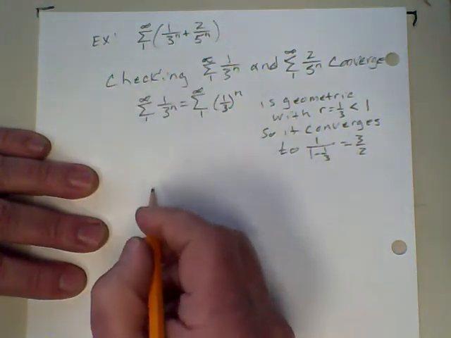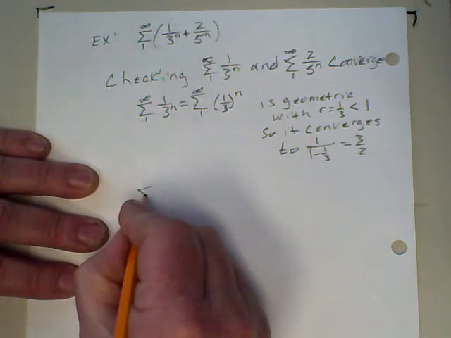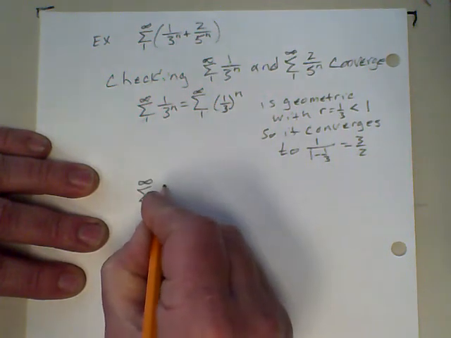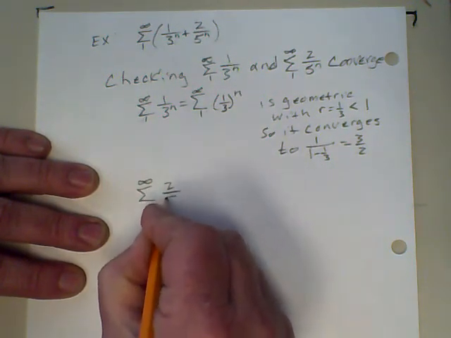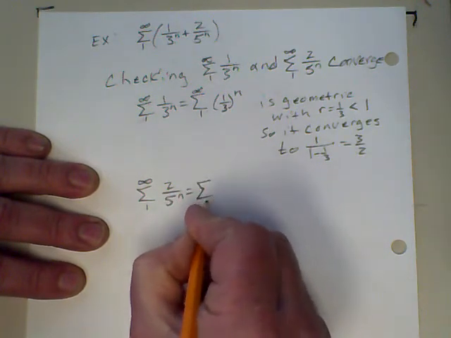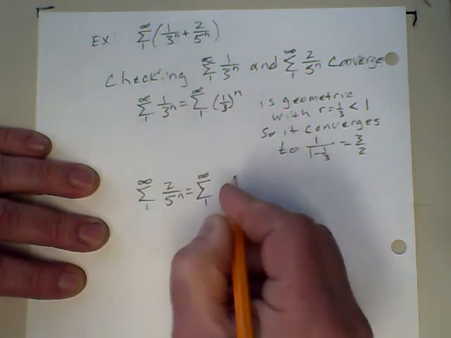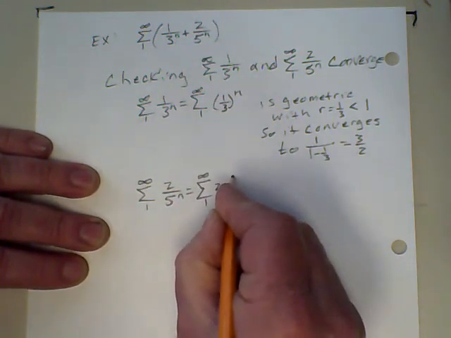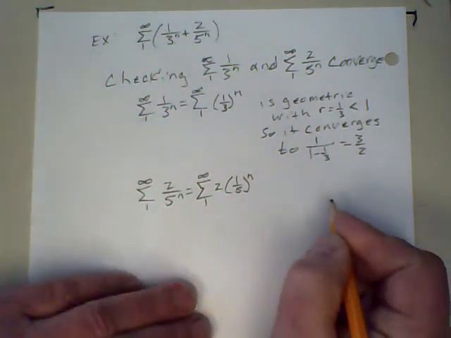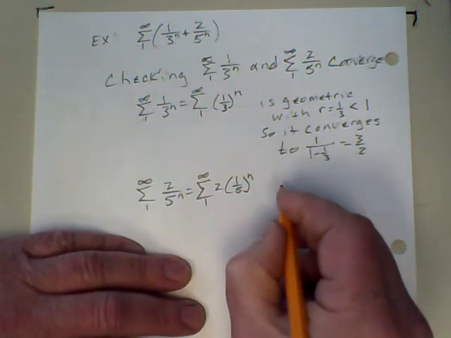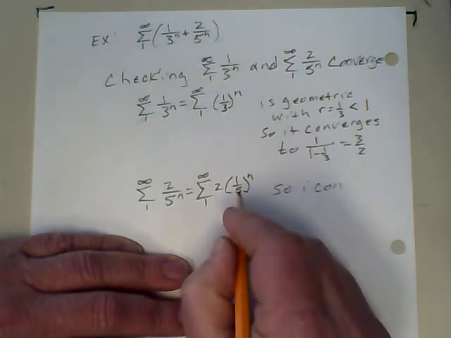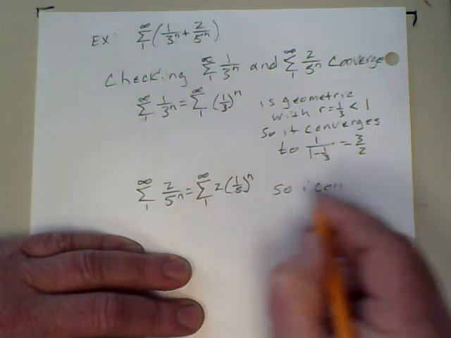So now let's do the same for the b sub n's. And so that's going to be 2 over 5 to the n. And I think that one's going to be geometric also. So let's see if we can rewrite it in geometric form. If I put the 2 at the front, my ratio then becomes 1/5 to the n power. And that is geometric. So it converges. Oh, my ratio, I got to check that. My ratio 1/5 is less than 1.